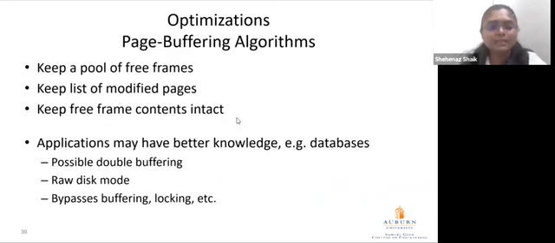Okay, so now that we have seen that there is a lot of overhead involved whenever we have to replace a particular page, to reduce the overall impact of page replacement, here we have some optimizations that we can follow.